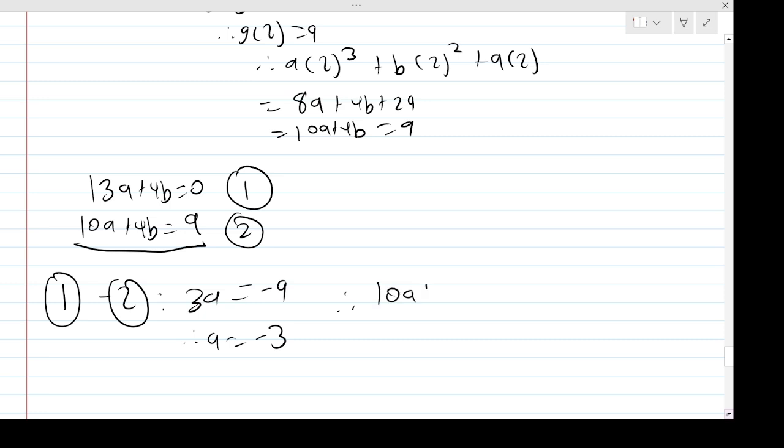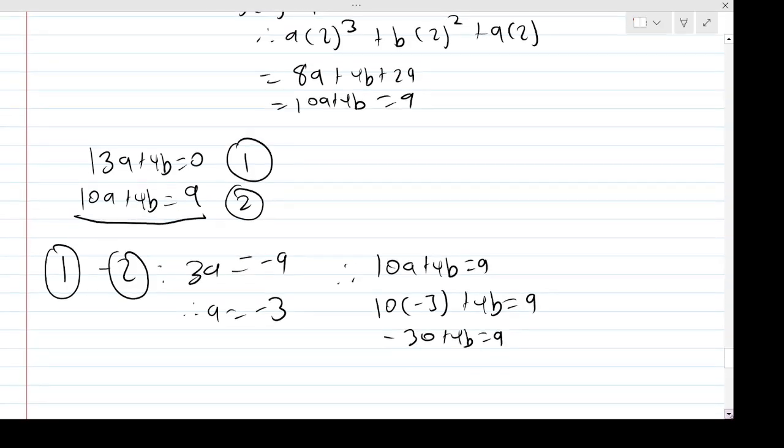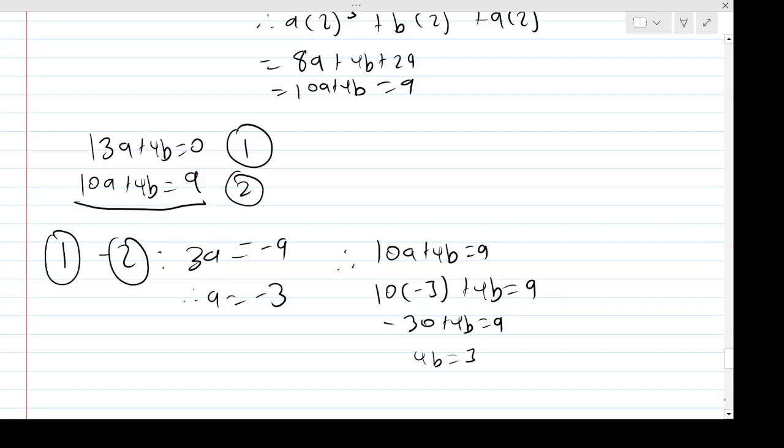So 10a add 4b equals 9 would get me 10 lots of minus 3 add 4b equals 9. So minus 30 add 4b is 9. If I add 30 to both sides, I get 4b is 39. So therefore b, if I divide by 4, is 39 over 4. And that is my value for b, 39 over 4.